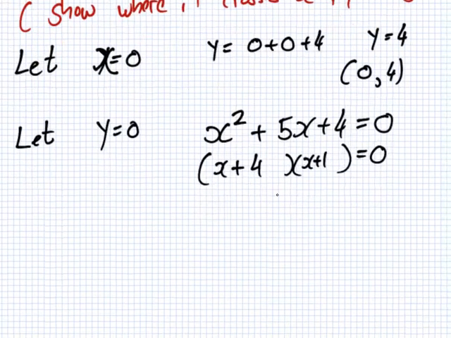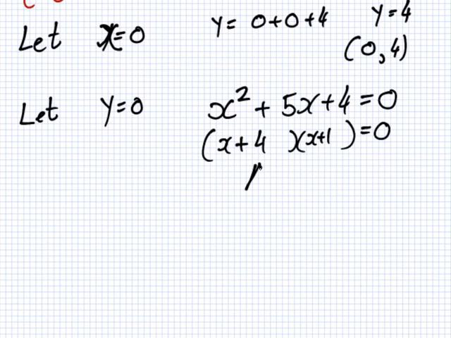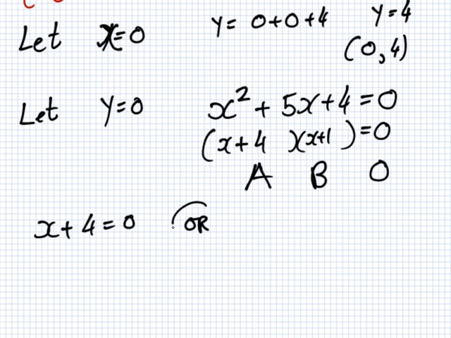Now, please watch carefully. If you have two things that multiply to make 0, it must be that one of them is 0. x plus 4 equals 0, or x plus 1 equals 0. One of these must be 0 to make a 0 here.